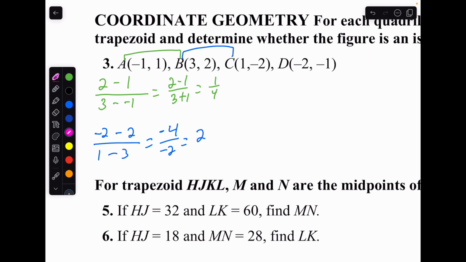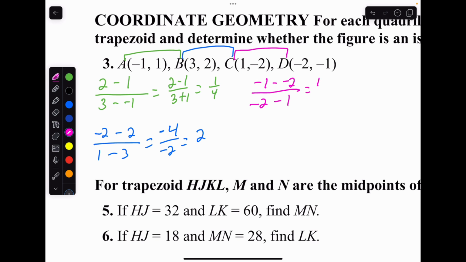And now let's find the slope from C to D. Slope from C to D, I start with y2 is going to be negative 1, y1 negative 2, x2 negative 1, x1 1.